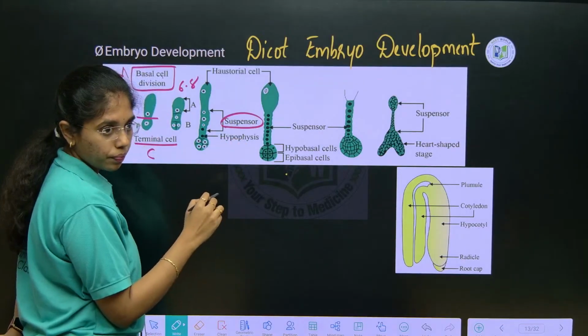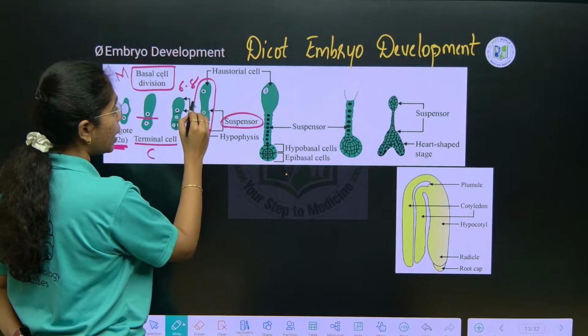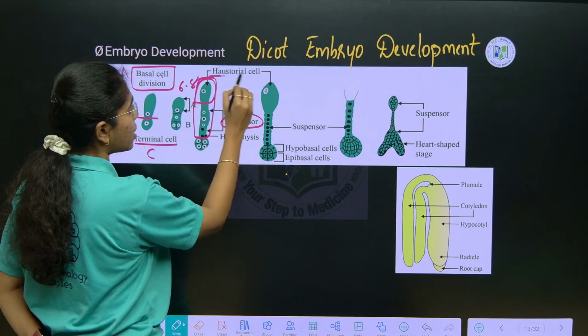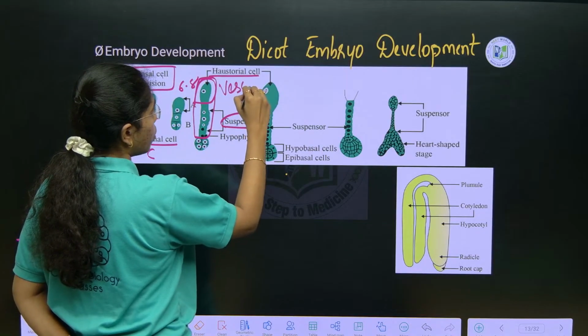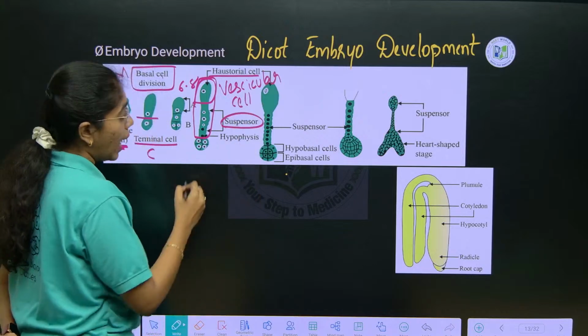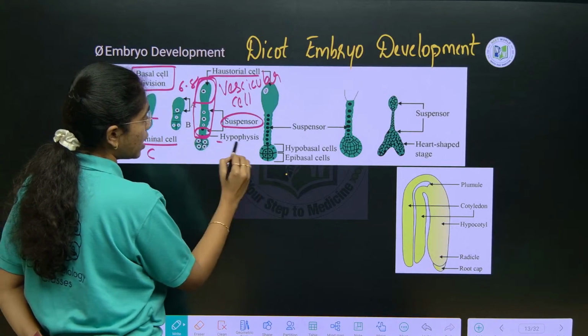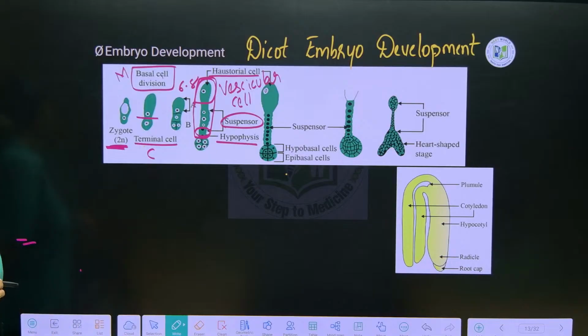Suspensor cells. This complete region is called what? Suspensor. The apical region of the suspensor is addressed as vesicular cell or haustorial cell, and the basal cell of the suspensor is noted as hypophysis.